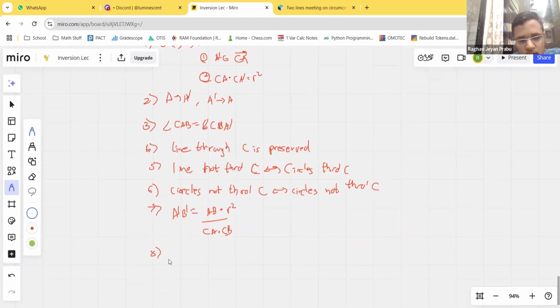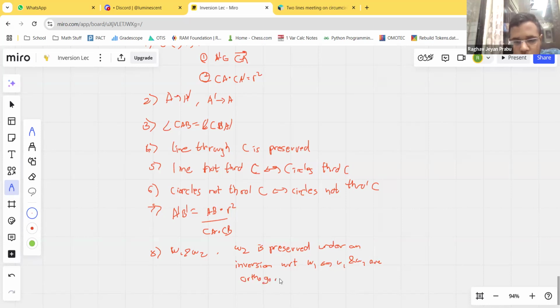And then eighth, given omega 1 and omega 2, omega 2 is preserved under an inversion with respect to omega 1 if and only if omega 1 and omega 2 are orthogonal. Right.